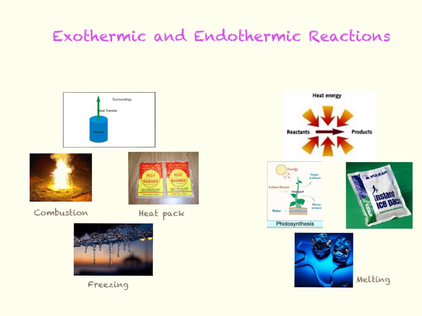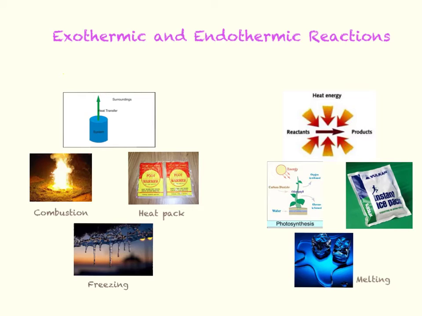The next set of reactions we looked at were exothermic and endothermic reactions. An exothermic reaction is one that releases heat into its surroundings. So that means the reactants had more energy, more chemical energy than the products. So that extra energy was released into its surroundings.